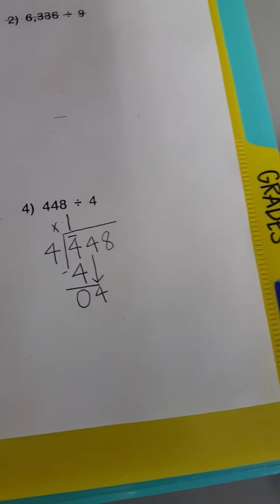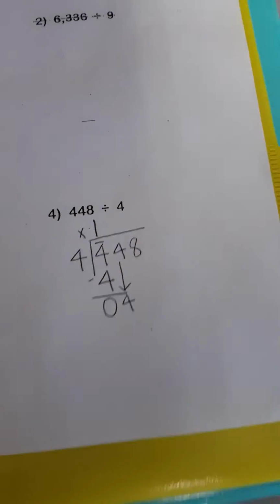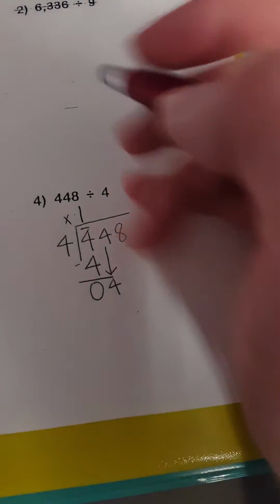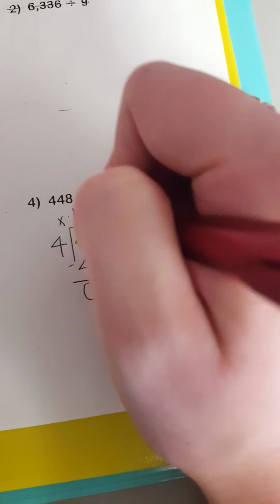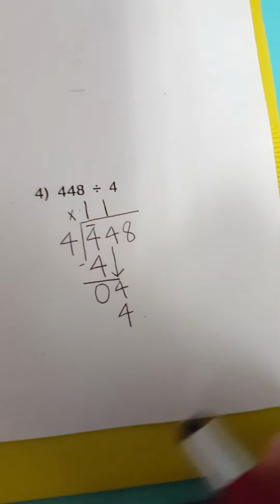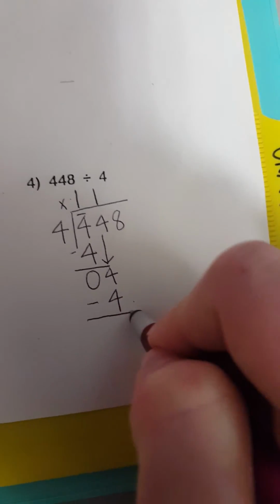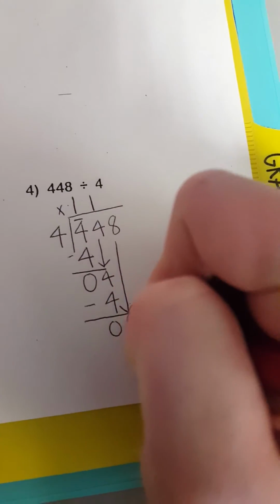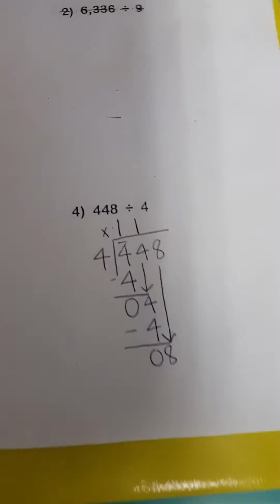And if you want to use the division shuffle song to help you, then we can say divide, divide, divide. 4 goes into 4 1 time. Then we multiply, multiply, multiply, and subtract, subtract, subtract, and bring it down. And then repeat.